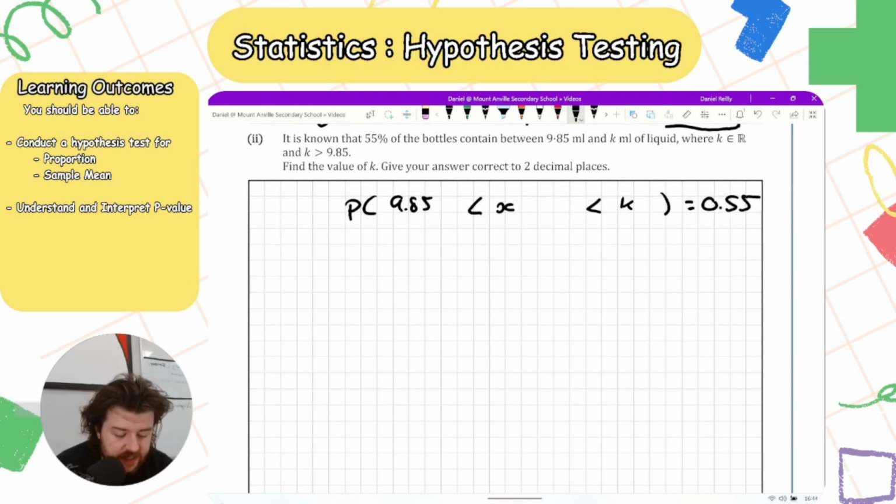So I need to standardize it: minus the mean, divide by the standard deviation. So minus 10, over 0.18. So this would be the probability of minus 0.83.